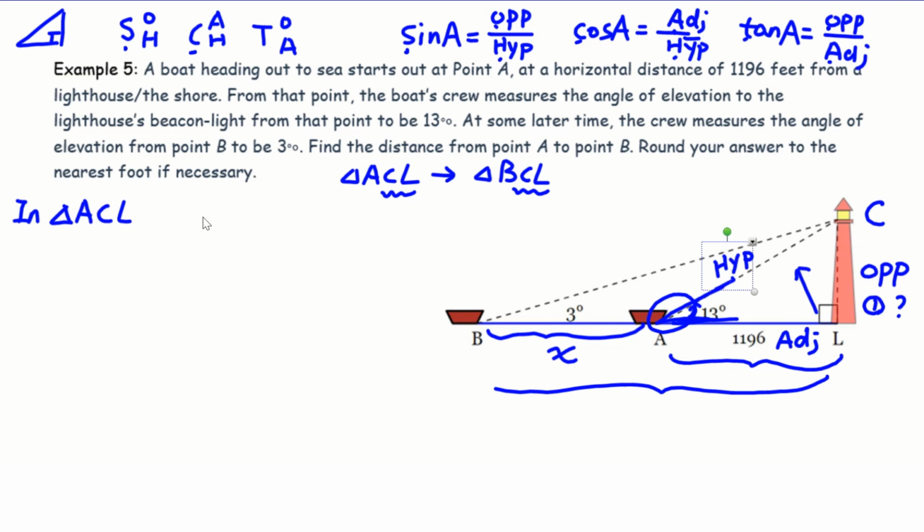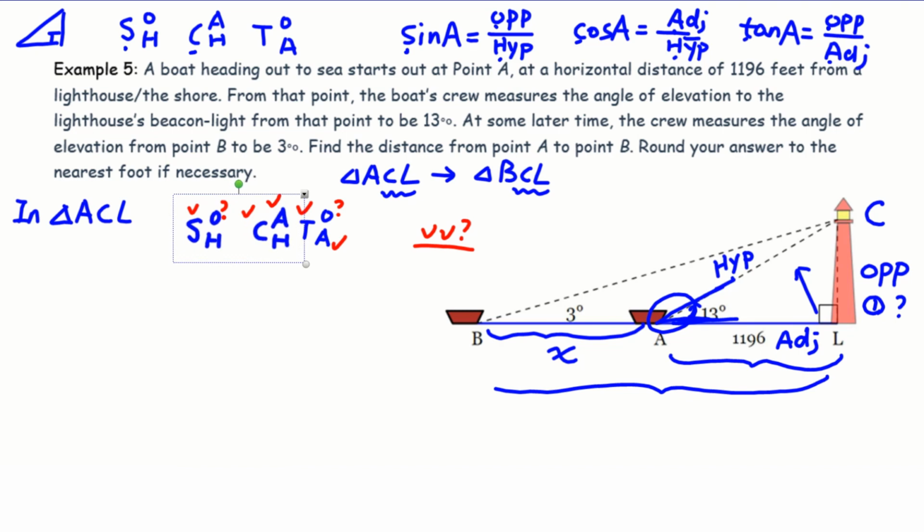We copy SOH CAH TOA here and see which ratio we are going to use. Most of the time, only one ratio works. The angle is given, and the adjacent is given, and we want to find the opposite. We have 3 ratios, and we want to use 2 given, 1 unknown for the ratio.